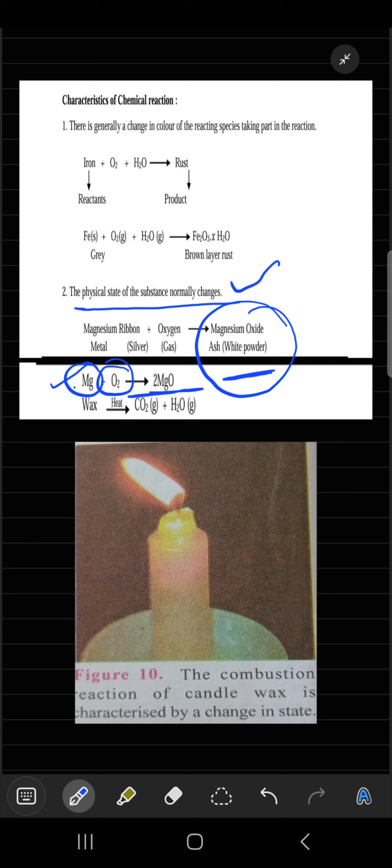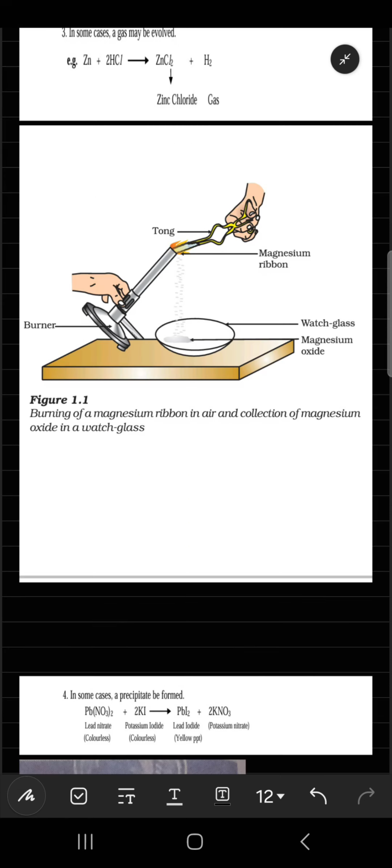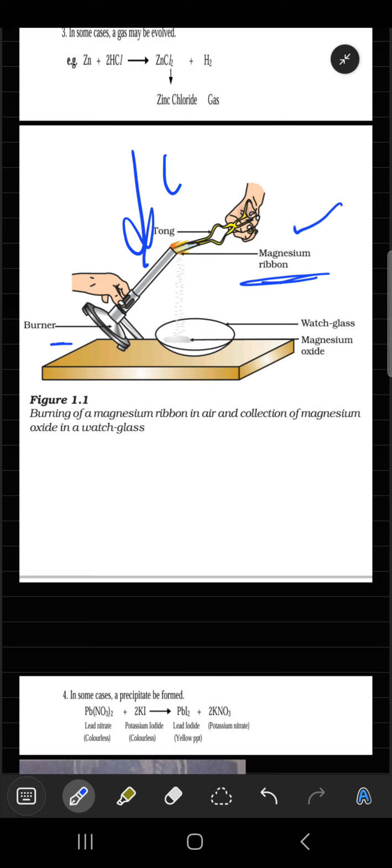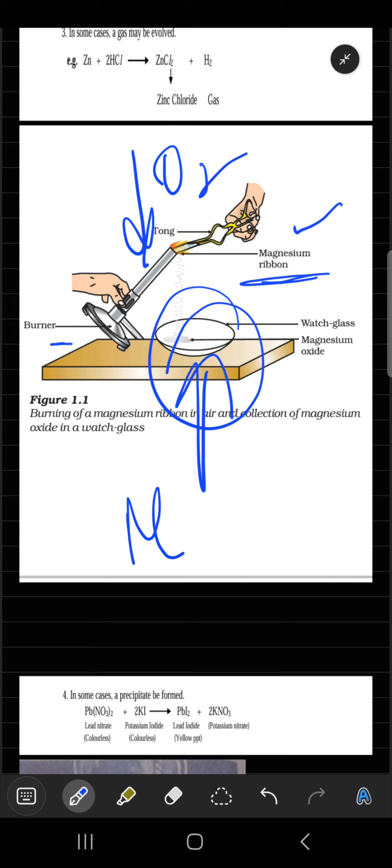So there is a change in the physical state. As you can see in the figure, when the magnesium ribbon is burned in the presence of oxygen, what we get is magnesium oxide, which is white in color and is in powder form.